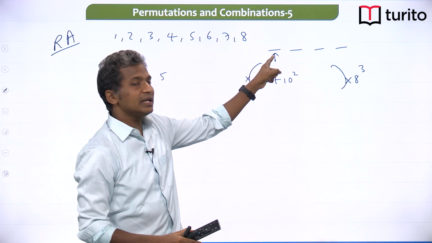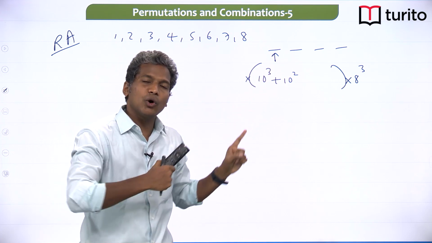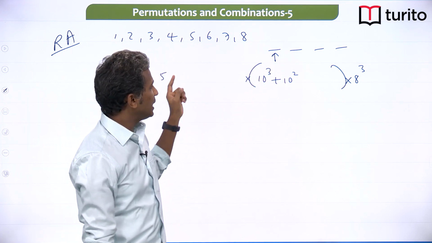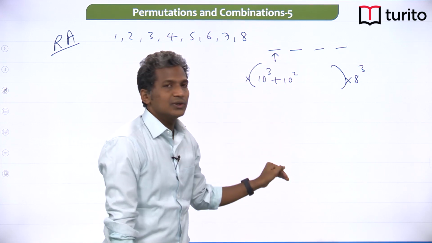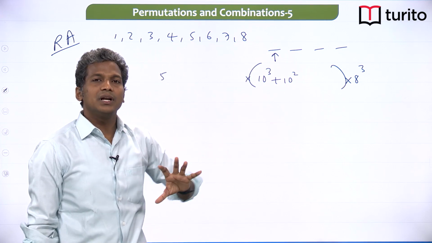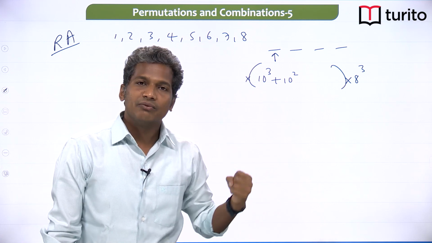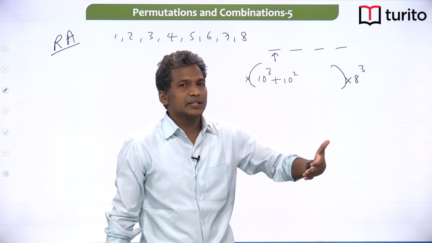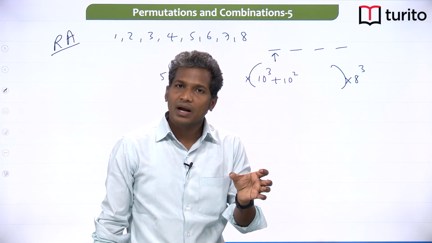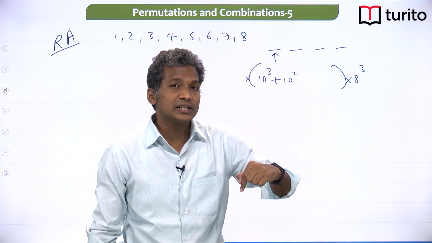If 5 is coming in the 1000 place, I added all possible values, and if 5 is coming in the hundreds place, I have added all possible values. Now, go for the other possibility. 5 also can come in the tens place. If it is coming in the tens place, its value is 50, and how many times does 5 come in the tens place?